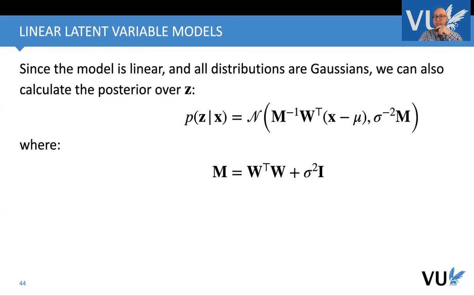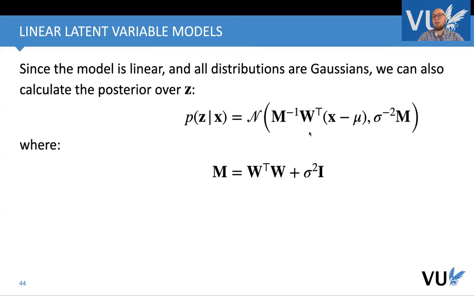Even further, it turns out that if the dependencies between random variables are linear and all distributions are Gaussian, we can also calculate the posterior over the latent variables z. This is again a Gaussian, but now we have a slightly more complex distribution in the sense that we need to calculate something. First of all, we need to invert it. We need to go from z to x, right?